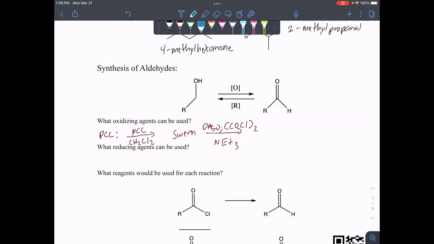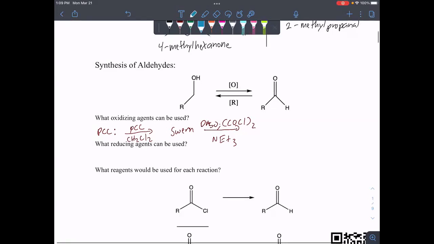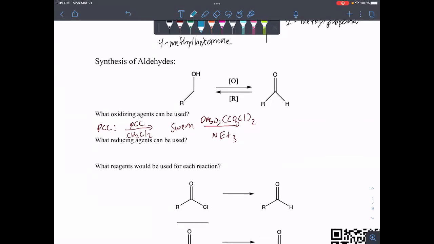And then to bring it back, we can use two reducing agents, lithium aluminum hydride and sodium borohydride.